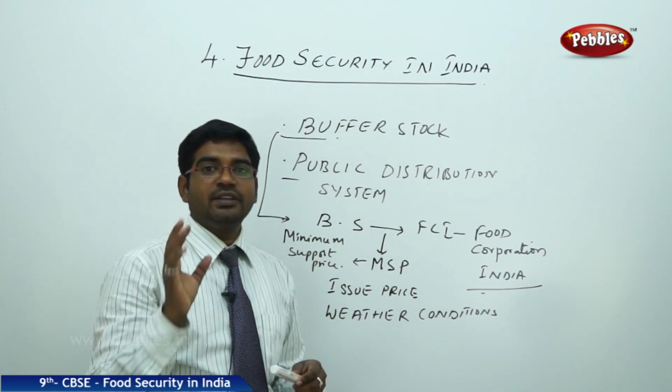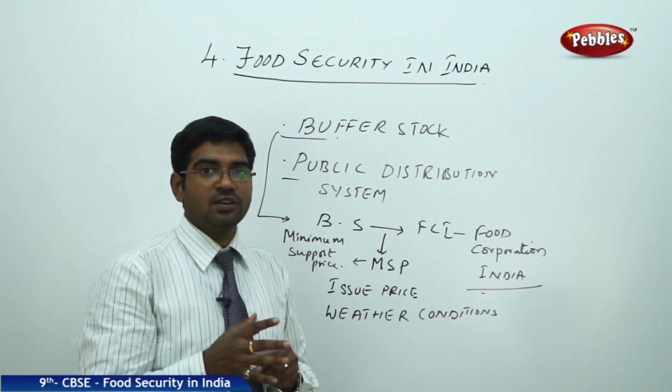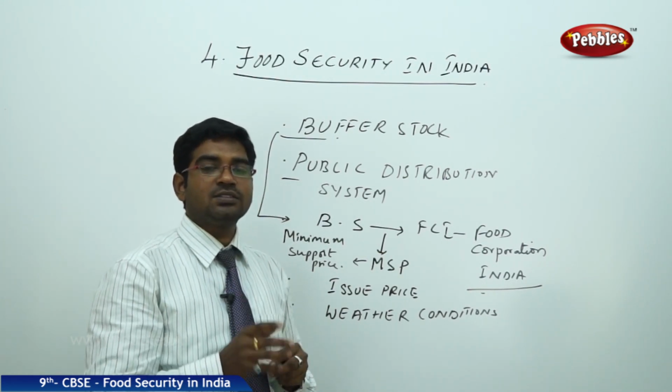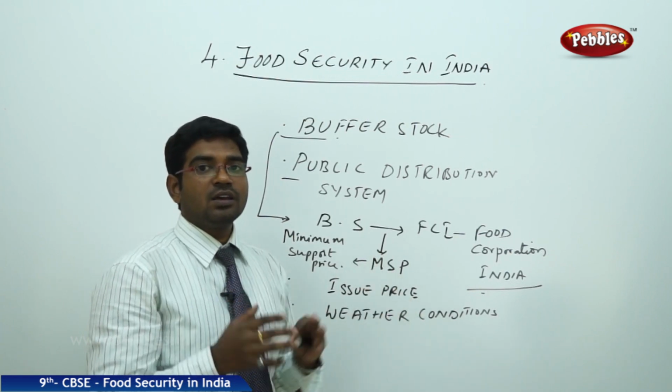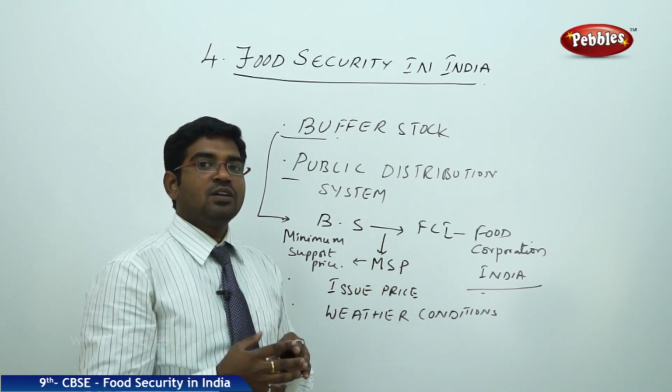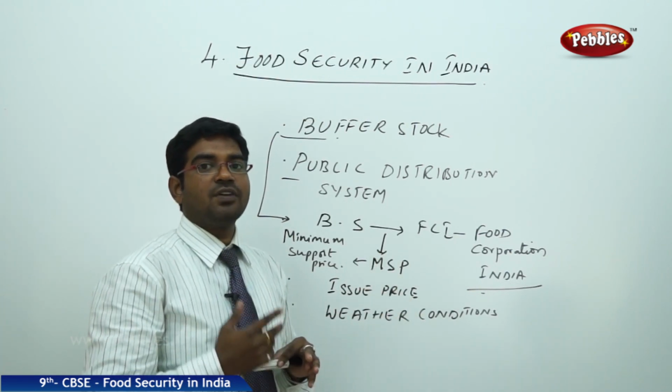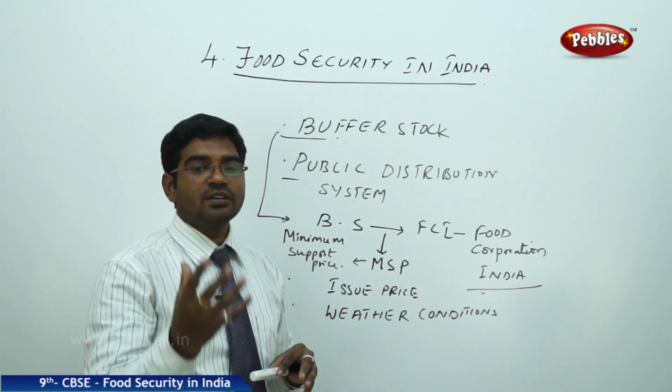Before they sow the crop itself, the Government of India announces the MSP for wheat or rice. So it gives a boost for the farmers to produce wheat and rice.